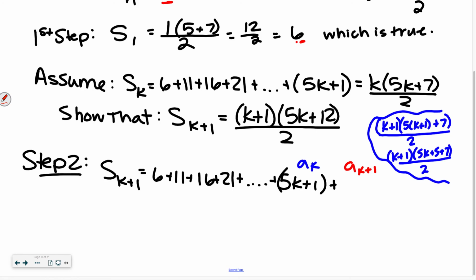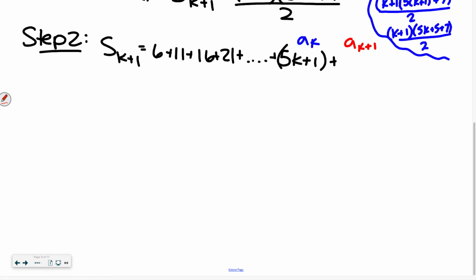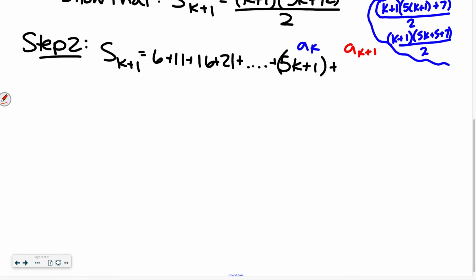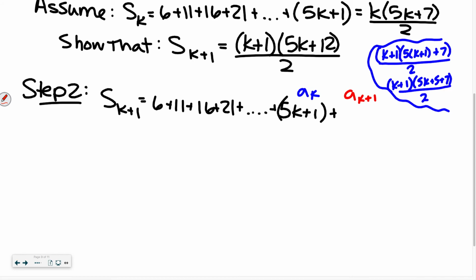Okay, there's different ways you can get k plus 1. This is what I'm going to call the long way. If a sub k is 5k plus 1, then a sub k plus 1 is 5 times k plus 1 plus 1. Distribute 5k plus 5 plus 1, 5k plus 6.